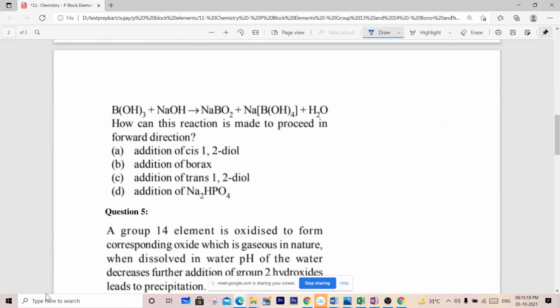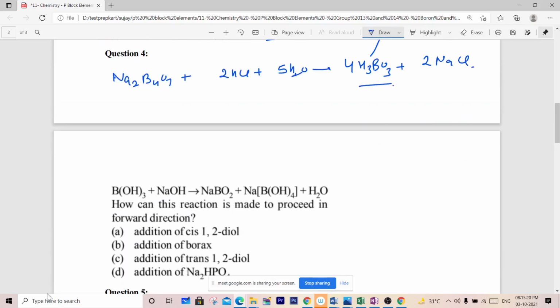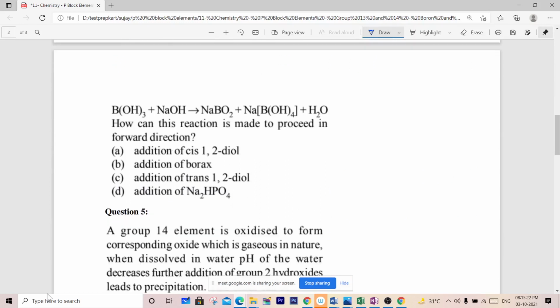Next question, number 4. Boric acid plus sodium hydroxide gives a product. How can this reaction be made to proceed in the forward direction?